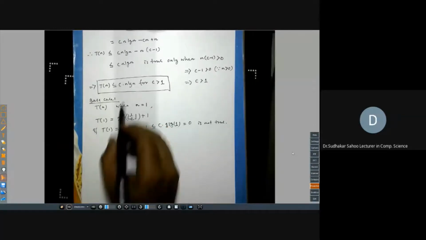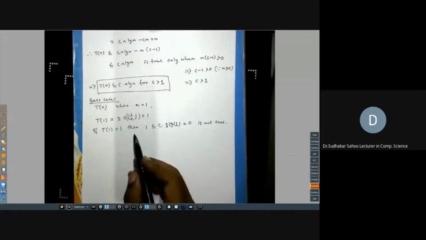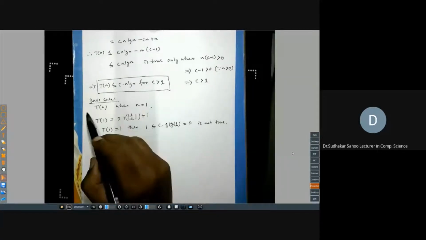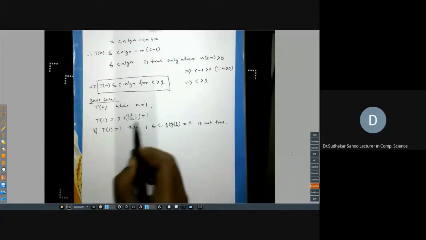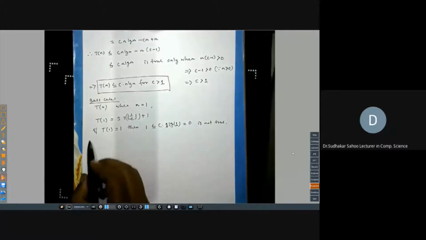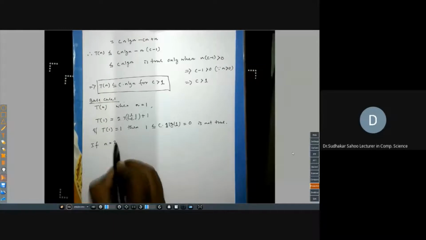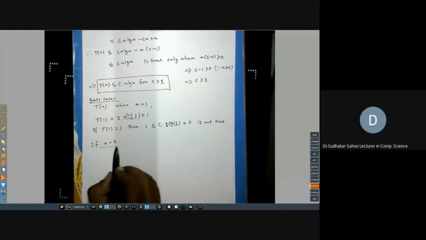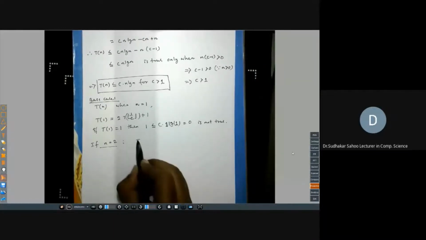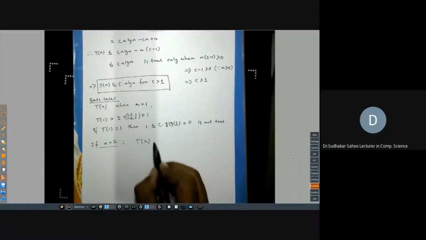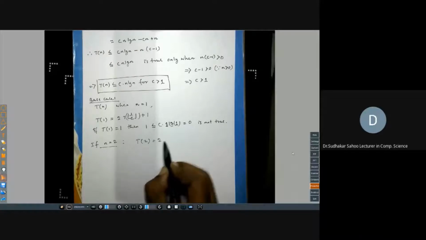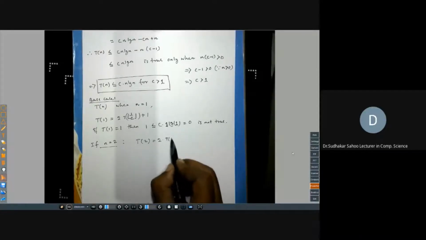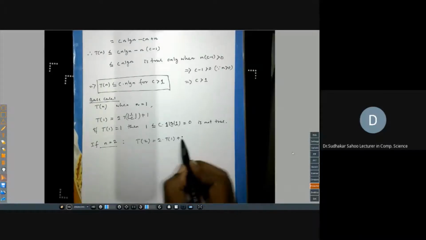So T1 doesn't satisfy this solution, right? So this cannot be a solution. So let us check if n equal to 2. If n equal to 2, that means your recurrence equation will be T of 2 equal to twice T of 1 plus 2.